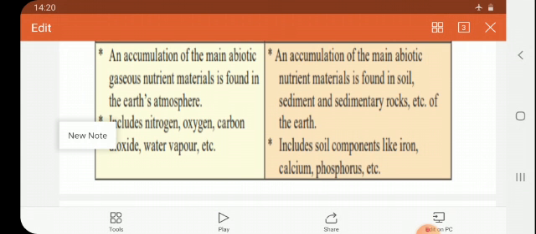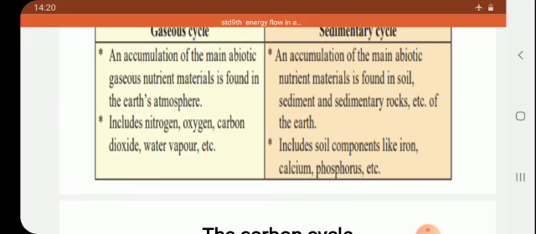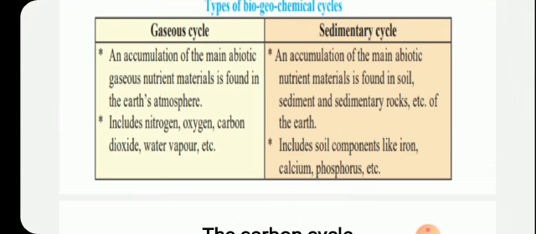Hence, we can say that the sedimentary process is slow, though it is also related with the climatic changes and the human activities. Depending upon the climatic changes and the human activities, the speed, intensity, and equilibrium of this sedimentary cycle may also change. Are you clear, children, about the types of biogeochemical cycle and the sedimentary cycle?